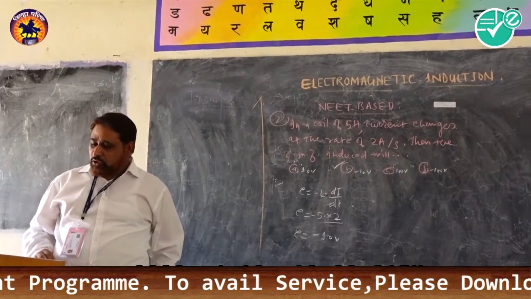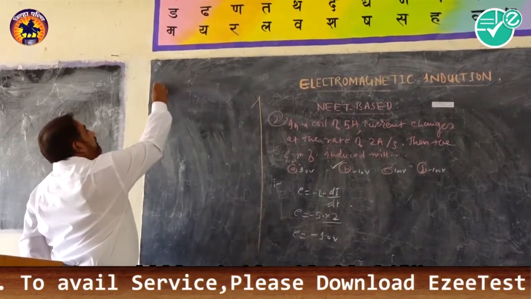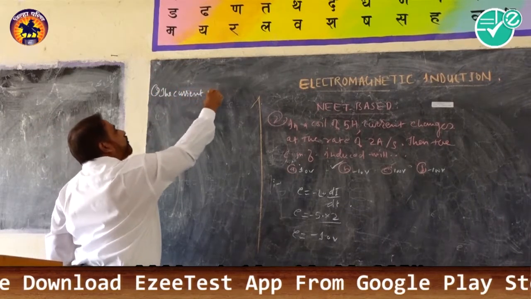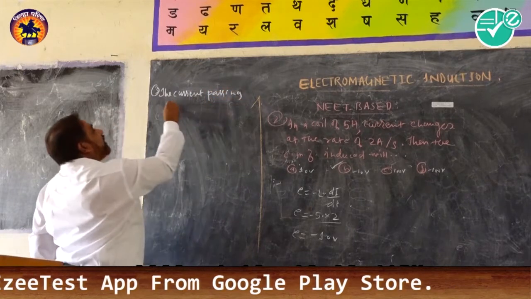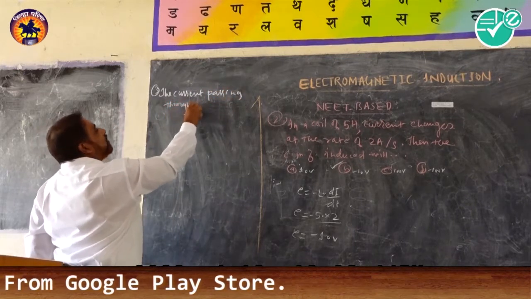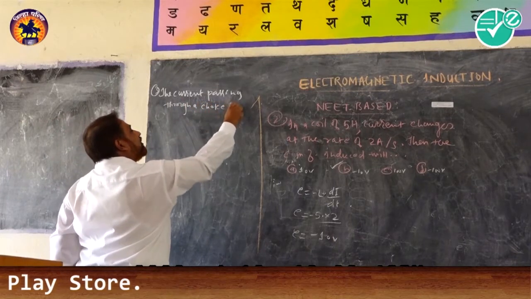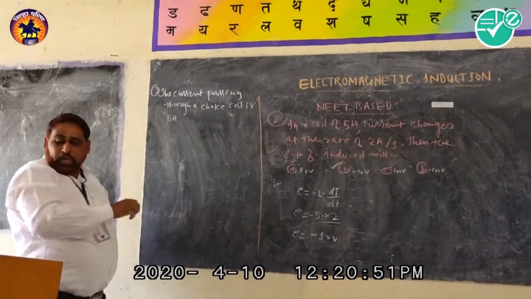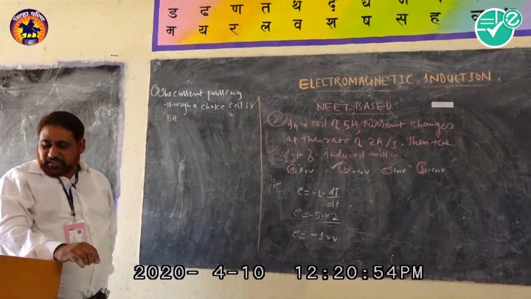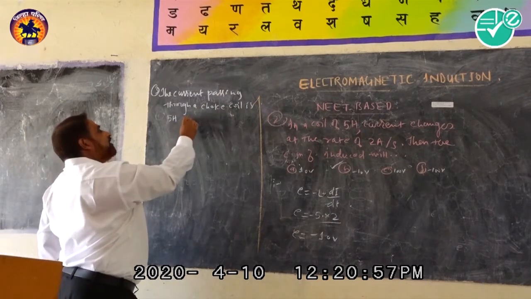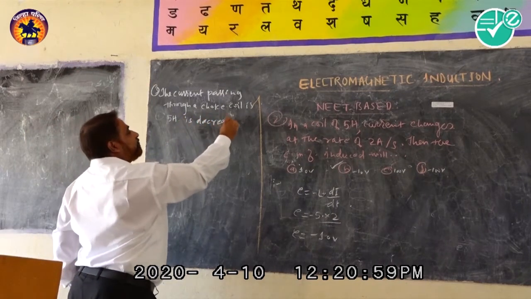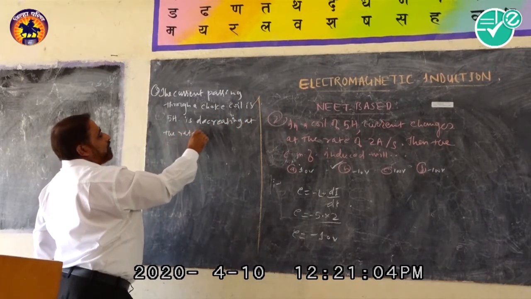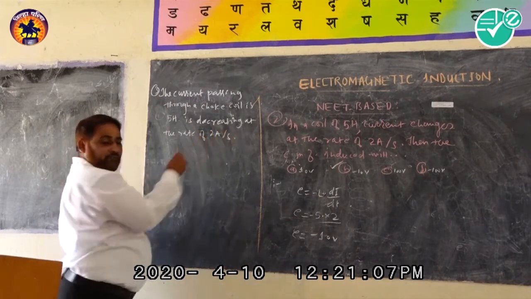The current passing through a choke coil of 5 Henry is decreasing at the rate of 2 ampere per second.